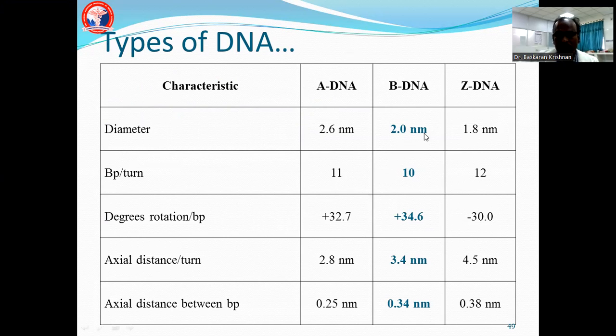B-DNA diameter is 2 nanometers, 10 base pairs per turn, and the degree of rotation is 34.6. The distance of a complete turn is 3.4 nanometers, and between the base pairs, the distance is 0.34 nanometers. The other things will change because this one is the dehydrated one, and this is the left-handed one, formed at particular times.